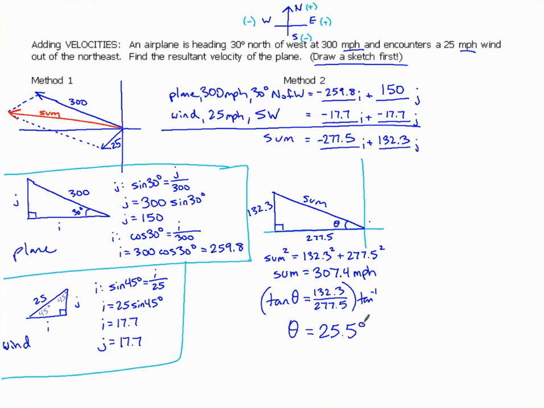And so finally, our answer, let me box this up too. Maybe I'll even number them in the order. So we went 1, 2, 3, and 4.